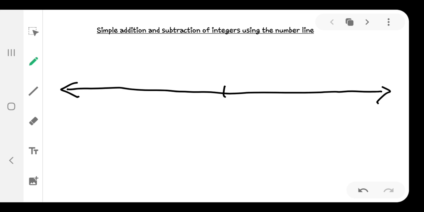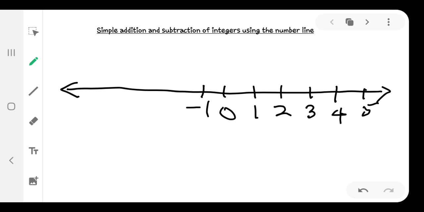We have 0 here, 1, 2, 3, 4, 5 here, and negative 1, negative 2, negative 3, negative 4, and negative 5.